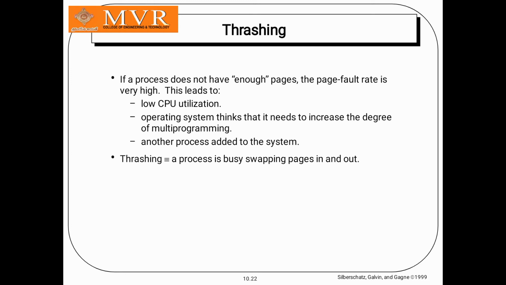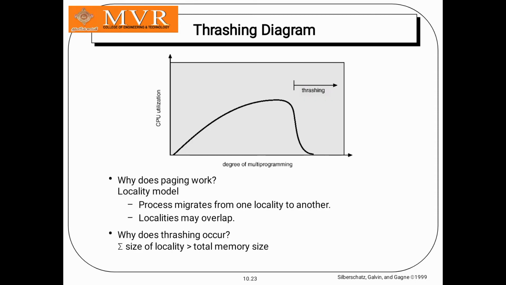Low CPU utilization, and the operating system thinks it needs to increase the degree of multiprogramming, and another process is added to the system. See here, this is the thrashing diagram. Here we check the degree of multiprogramming and CPU utilization.